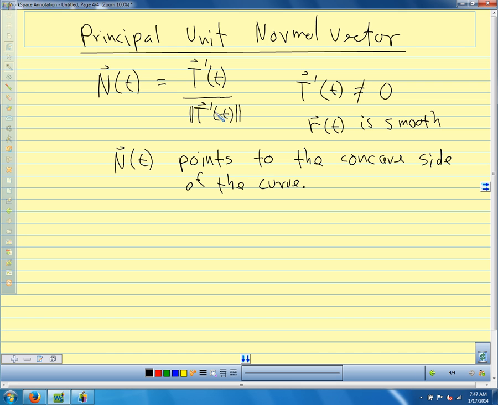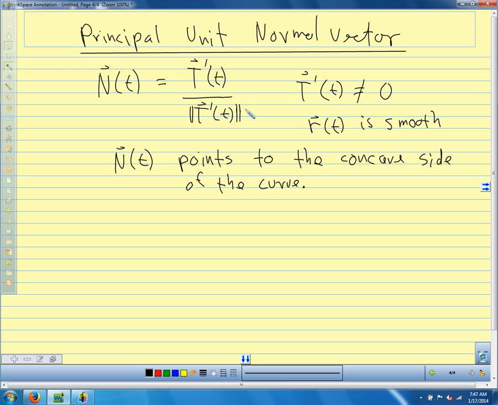So you can imagine that finding n of t using this definition can be a lot of algebra. Sometimes it can be difficult to calculate this principal unit normal vector. We'll talk about some ways that maybe we can shortcut it in certain situations. But because of the way we defined it, it does get a little bit messy to find these things.